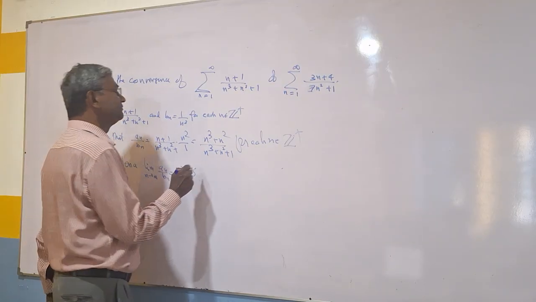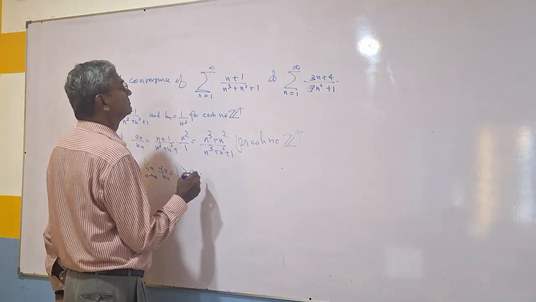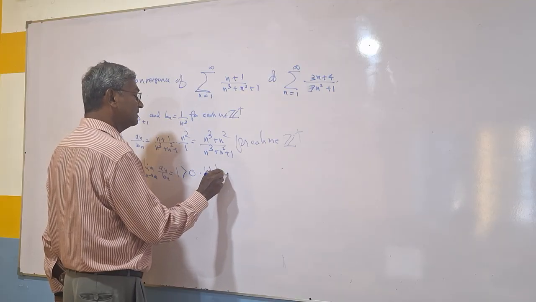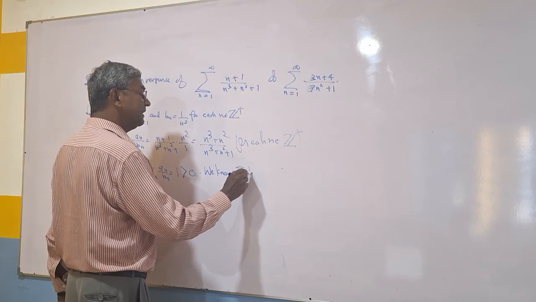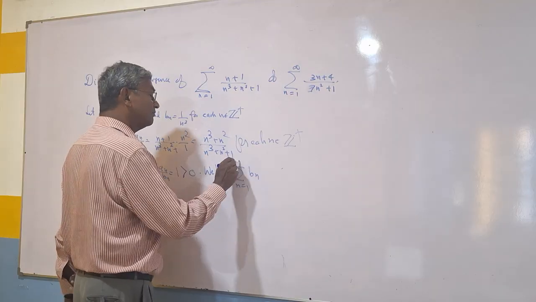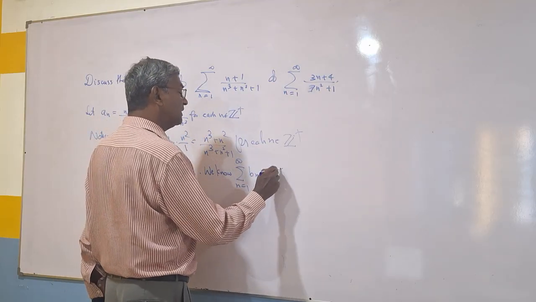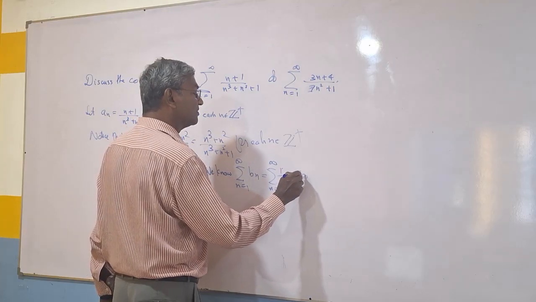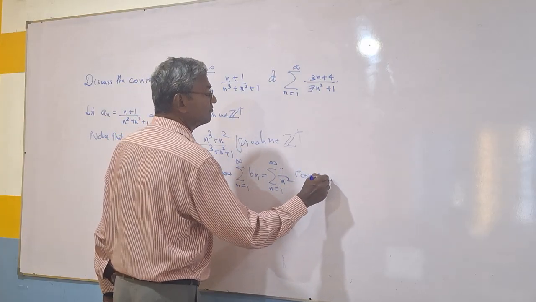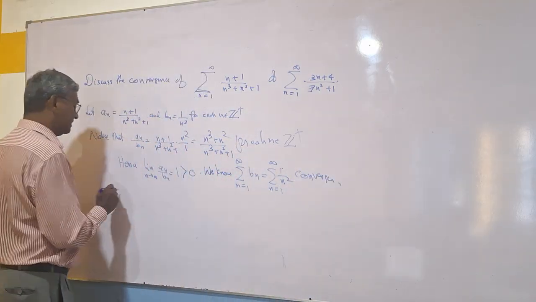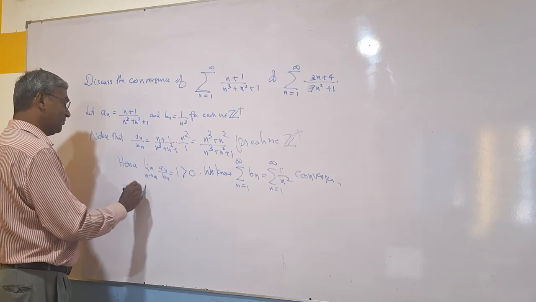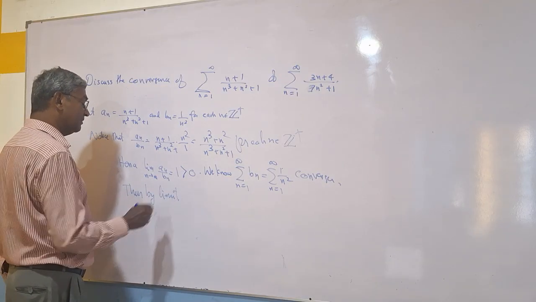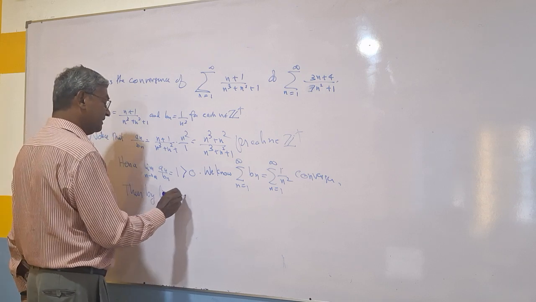We know that sigma bn, n from 1 to infinity, sigma 1 over n squared, converges. That's why, by the limit comparison test, sigma n plus 1 divided by n cube plus n square plus 1 converges. You don't have to apply it, but I just wanted to show you a very tiny example.